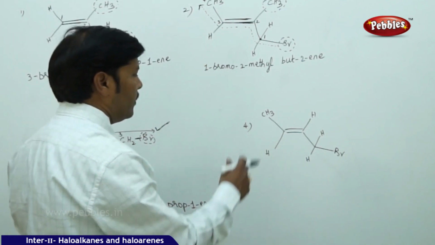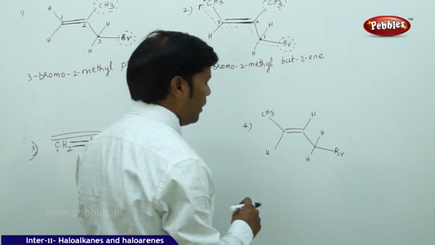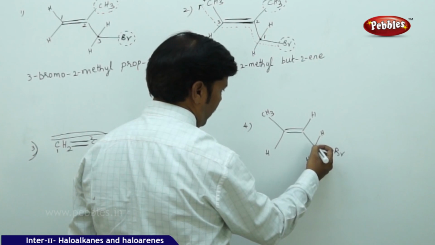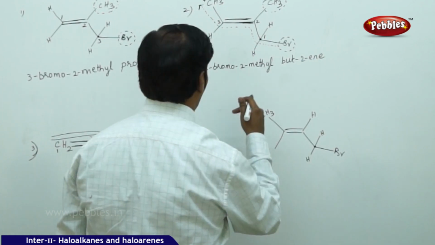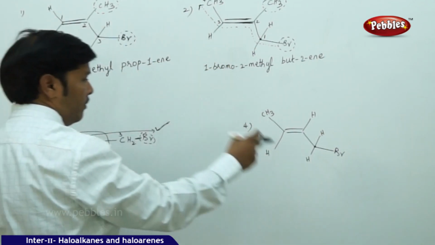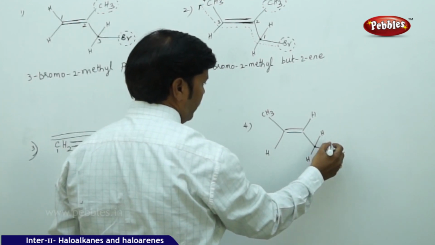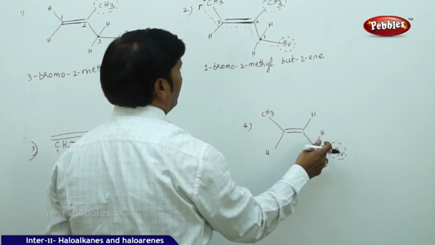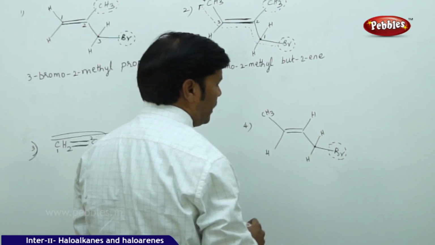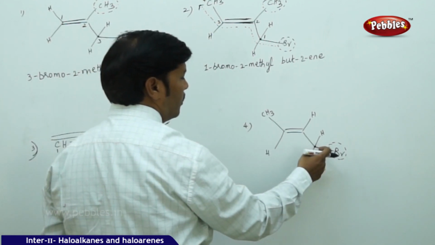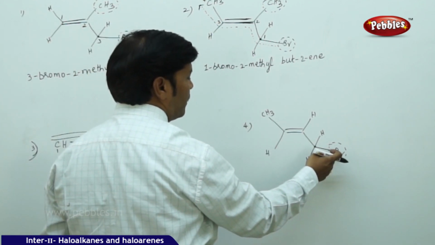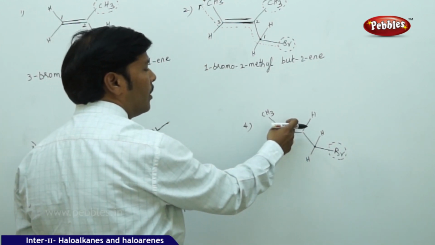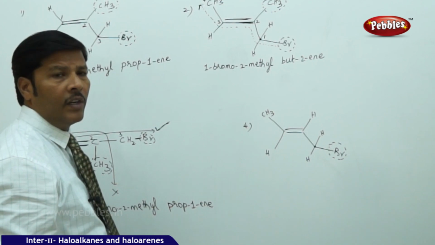This is the third example, and if you go for the fourth example for writing the IUPAC name, almost the same kind of analysis is made as for the first and second examples. Here also the bromo group is going to become the substituent, and going from right to left will be the correct decision, because you are including the substituent into consideration, and the position of the double bond will remain unchanged.